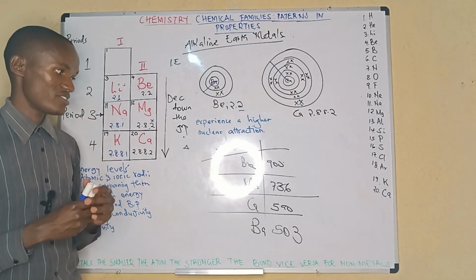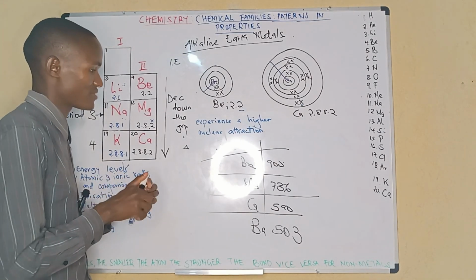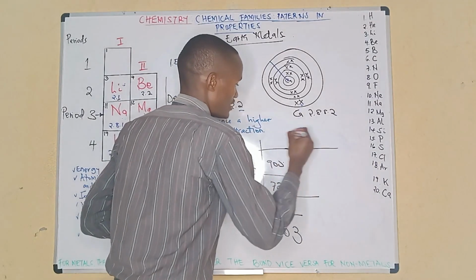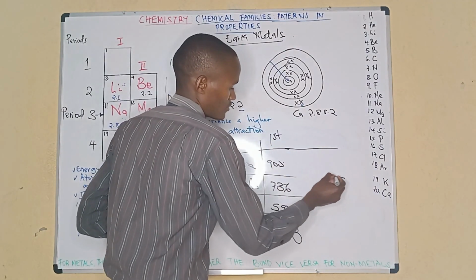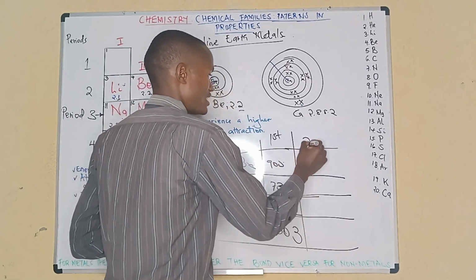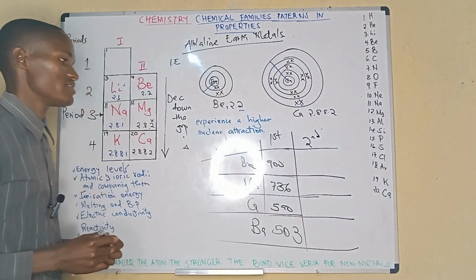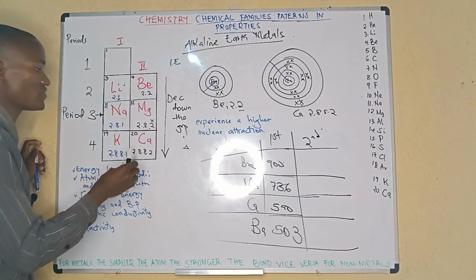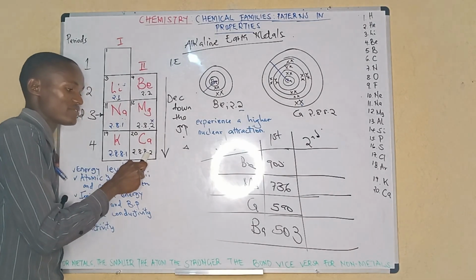Then we have second ionization energy. And now, because I've drawn this table, let me extend it here and say this is first. And here we write about the second ionization energy. So the first is removing one electron from the outermost energy level.